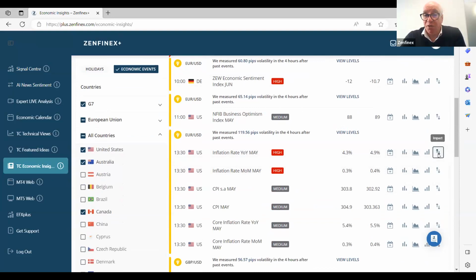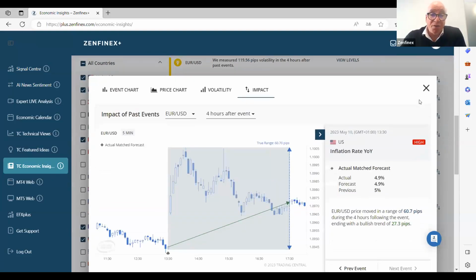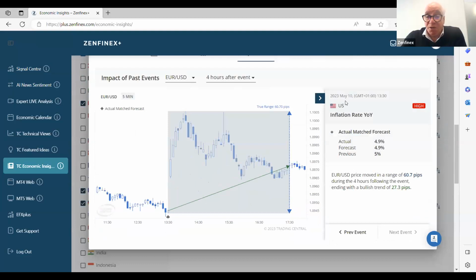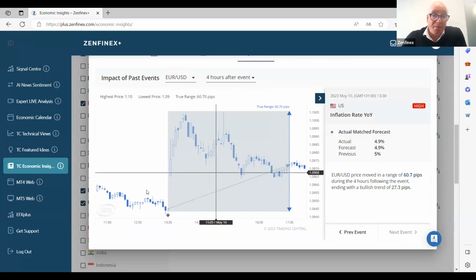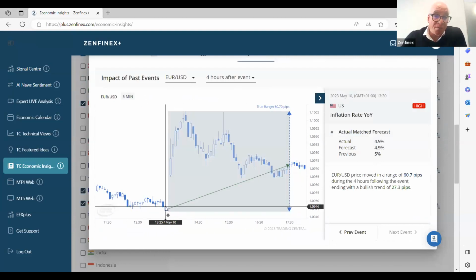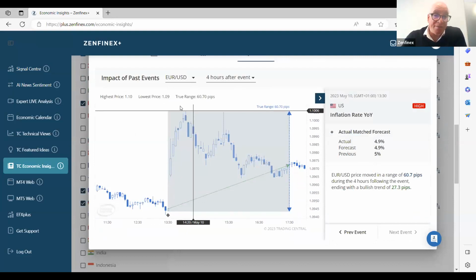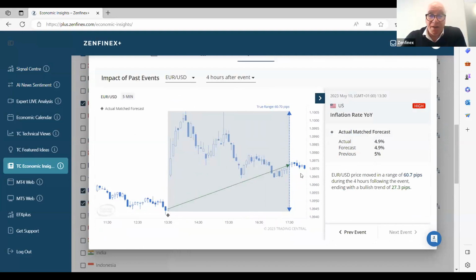So I always look at the impact of previous news announcements. So this was the announcement back in May, where the previous was 5, the forecast was 4.9, and therefore forecast and actual were the same, but it's still volatility hit levels, come back down, and then it settled more or less where the gap started.